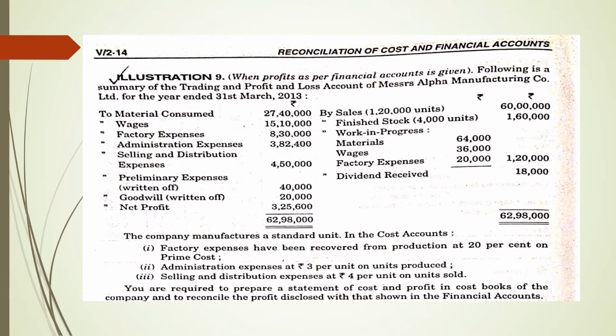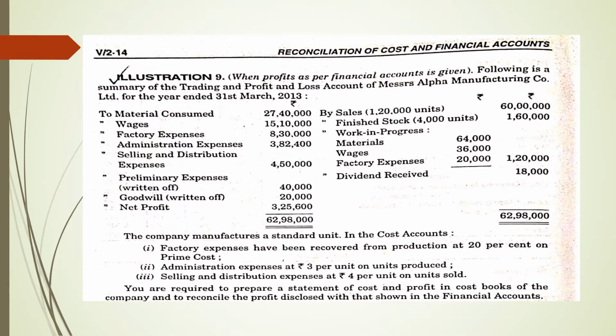That is the addition of material consumption value and wages: 24 lakh 40,000 plus 15 lakh 10,000. Take 20% of the total prime cost to be treated as factory expenses. Is it clear?